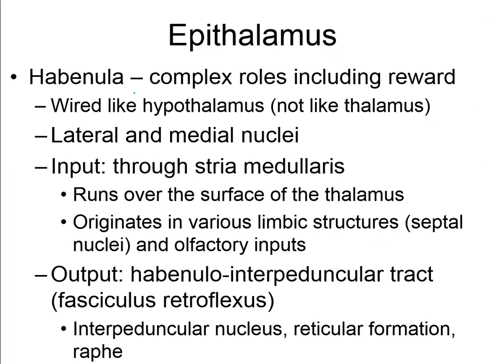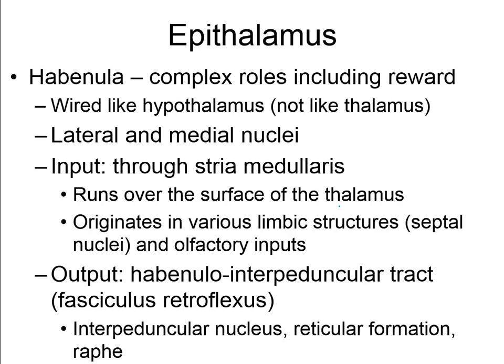Okay? So it has lateral and medial nuclei, but its inputs come from a fiber bundle that, just to make your lives truly miserable, is called the stria medullaris. Okay? It's not the stria terminalis. It's not the lamina terminalis. It's the stria medullaris. Okay? Nothing I can do.